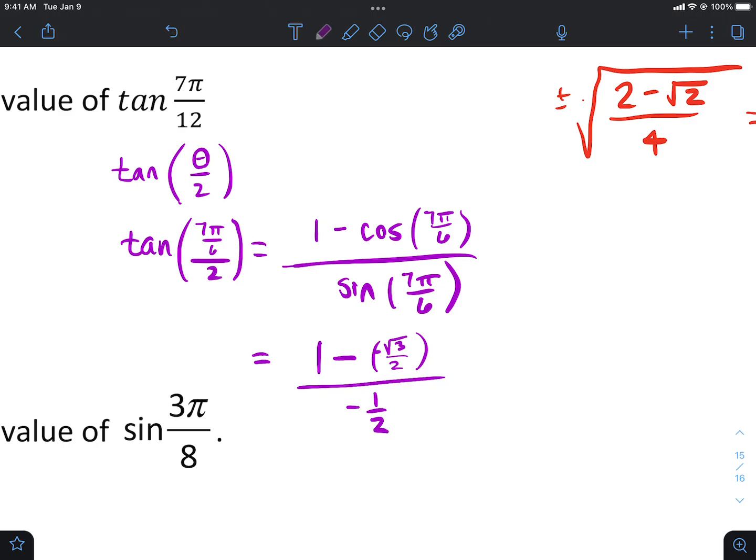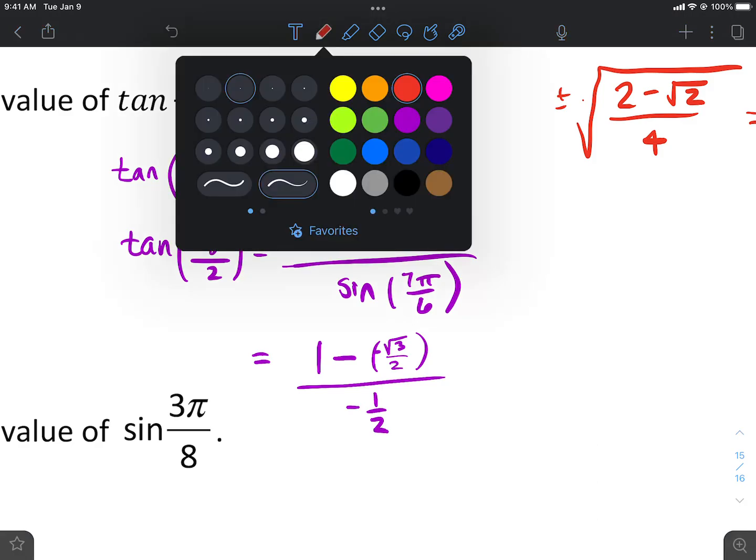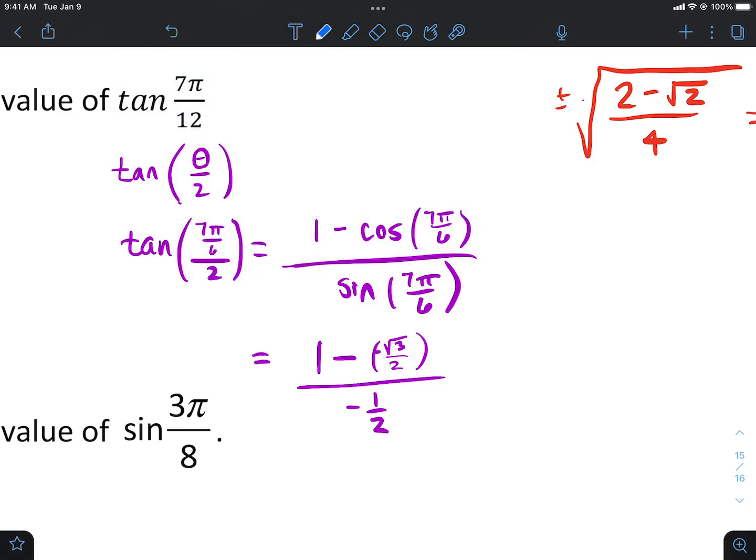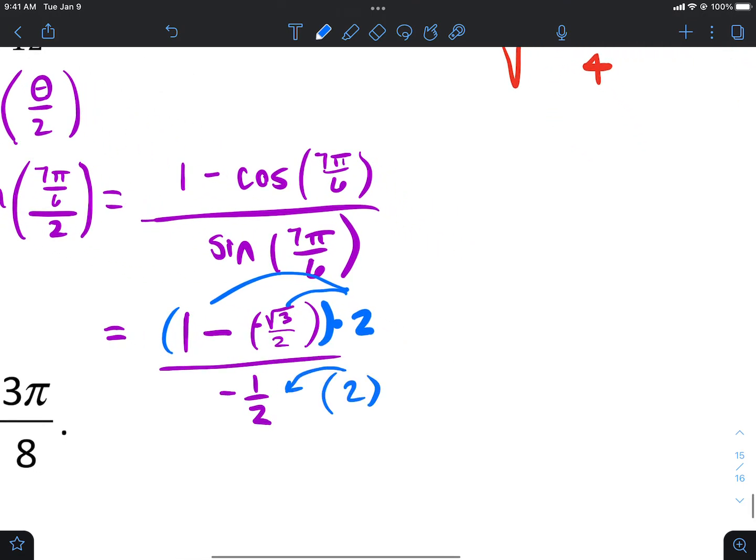Okay. And then like on that previous example, if you got a complex fraction, you want to cancel out the denominators, you can do this little strategy here. You can multiply top and bottom of the whole thing by 2. Do that here as well. So you'll do 2 times the 1, that'll get you 2.